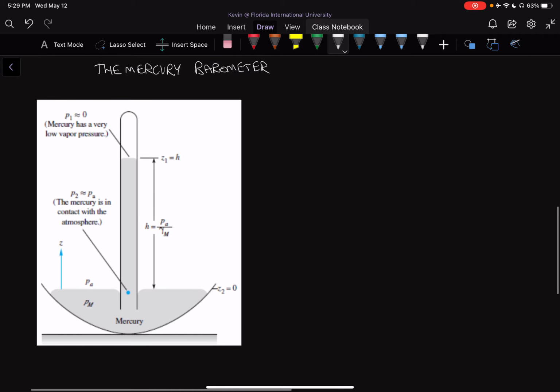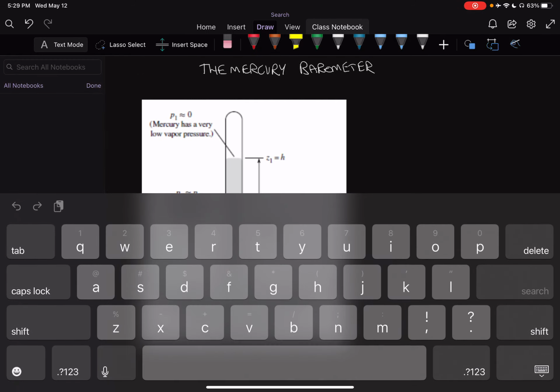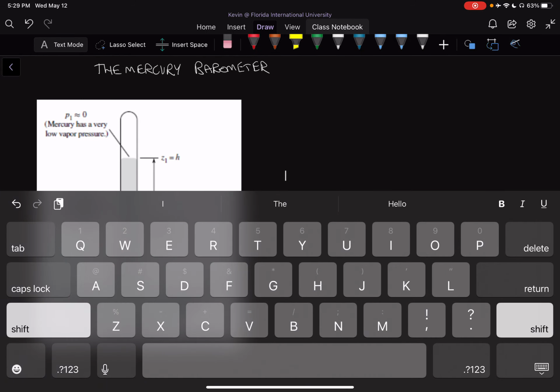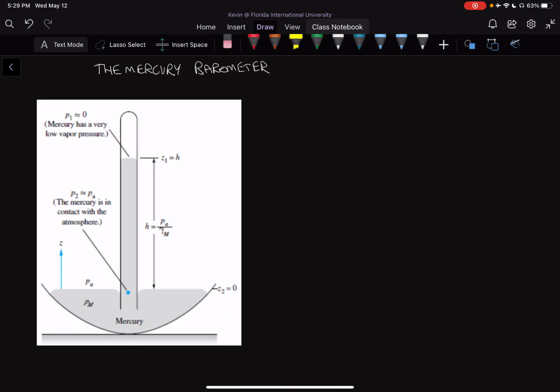The mercury barometer is essentially an upside down test tube inside of a bowl, and we add some mercury. What we do is create an area here where P1 is equal to 0.